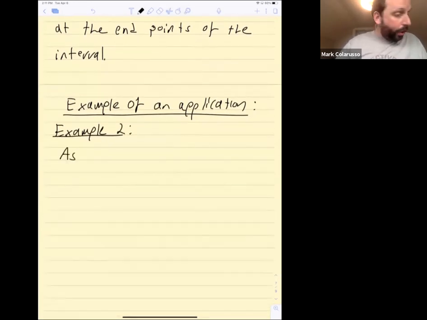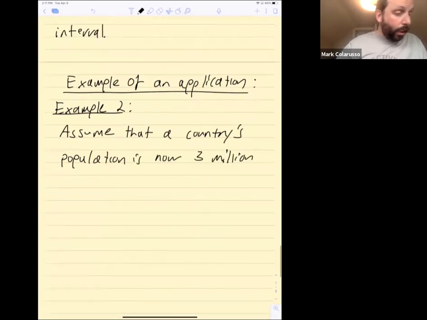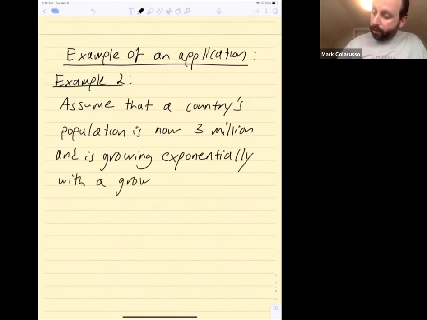So assume that a country's population is now 3 million and is growing exponentially with a growth rate of 0.02.